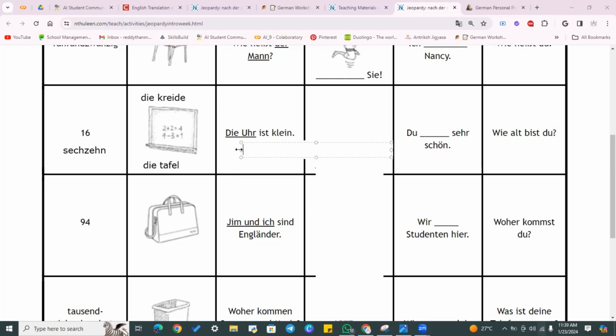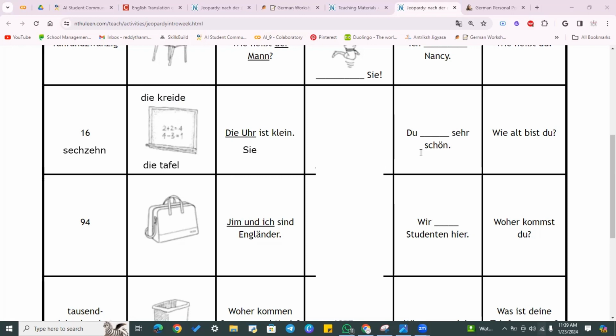Okay. Next, die Uhr ist klein. Okay, translate this sentence into English. Die Uhr ist klein. Die Uhr means clock. The clock is small. So they have already given it as die. So what is the personal pronoun? It is she.